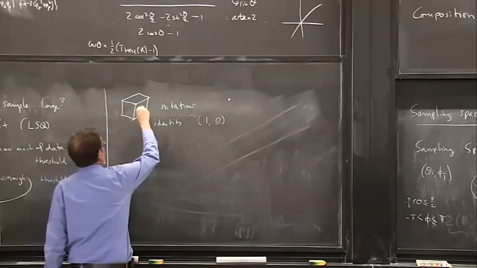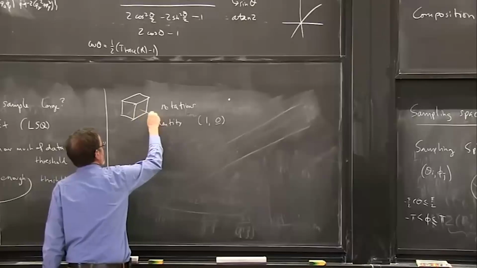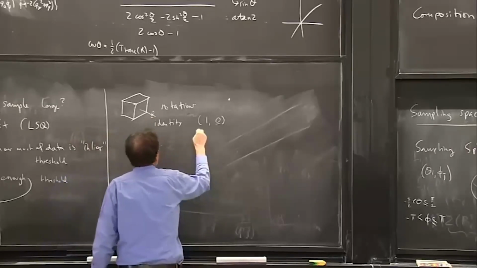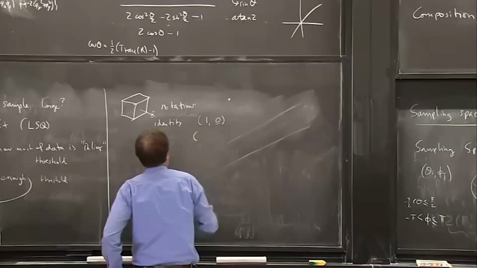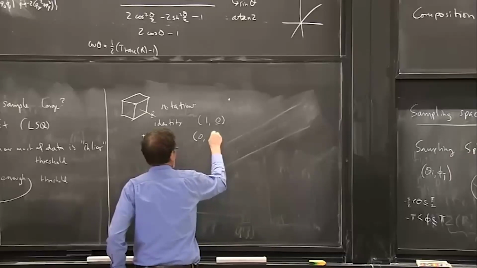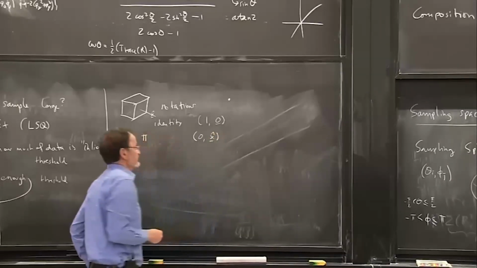Then we can think about a rotation, let's say, about x through, let's say, pi. And so that's going to be, let's see, cosine pi over 2 is 0. Sine pi over 2 is 1. So that's that quaternion.